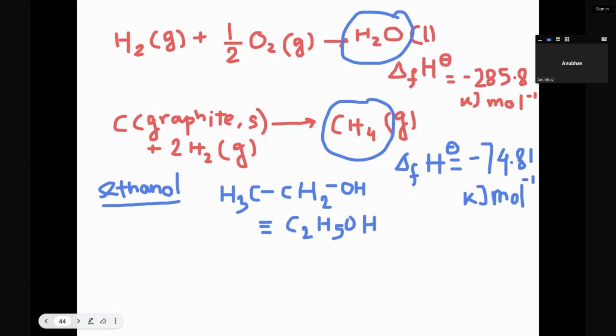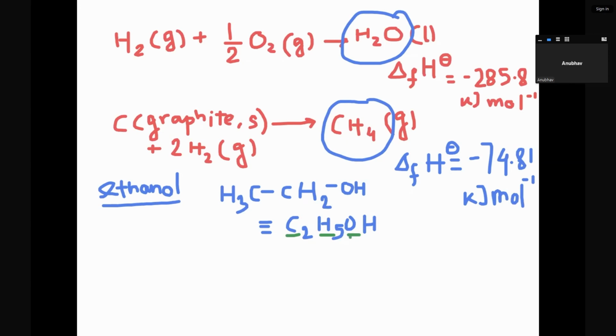So this is the molecule we have. What are the elements over here? We have carbon, we have hydrogen, and we have oxygen. So these are the elements by which we can form ethanol.